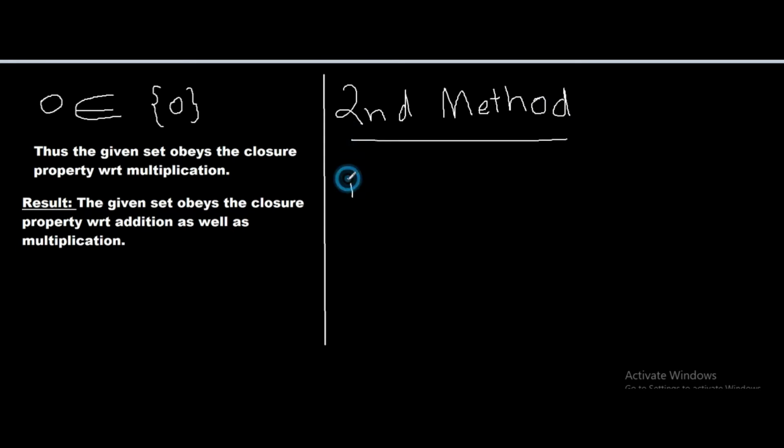So this is only the 0 member or whatever it is. What is meant by the closure property? Closure property means that if you add or multiply any two members of the given set, then the resultant members will also be members of the given set.